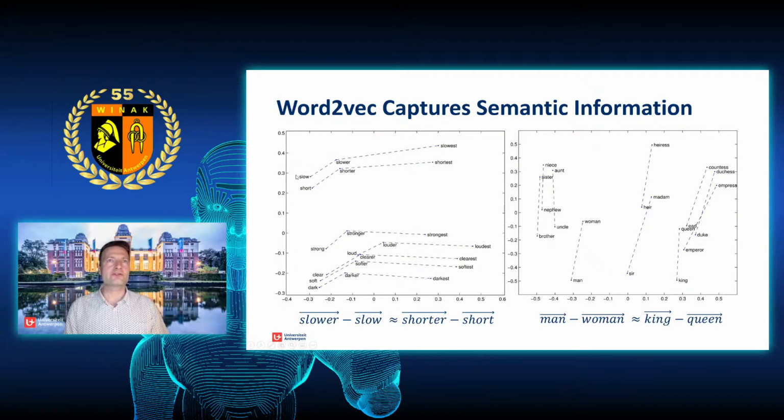So here you see, if you look at slow, slower, slowest, you take the difference in the positions of these words, and these differences are very similar to those for short, shorter, and shortest. Which means that there are dimensions that actually capture this relationship between words, strong, stronger, strongest.